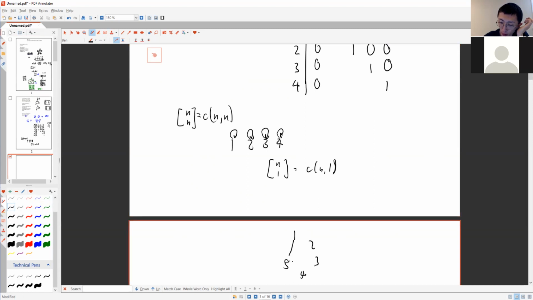The alternative would be 2 cycles or more cycles.